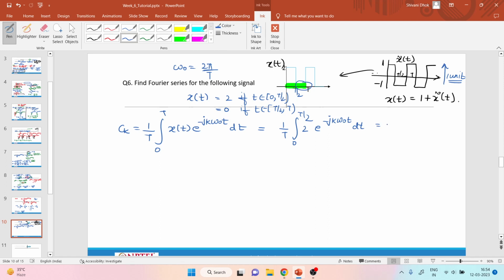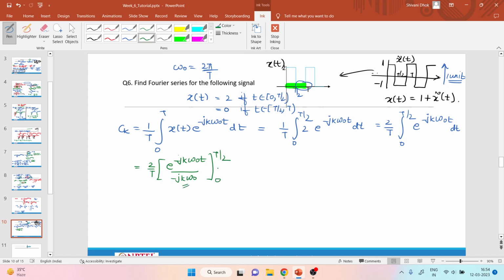So now this is equal to 2 by T integral from 0 to T by 2 e power minus j k omega naught t dt. Let's solve this integral. This exponential gives me a value as e power minus j k omega naught t upon minus j k omega naught, and this is from 0 to T by 2.